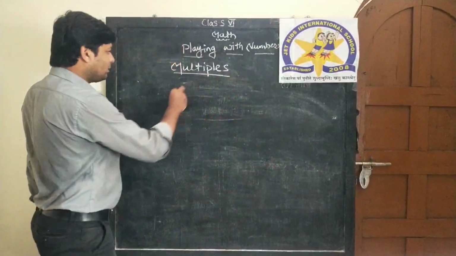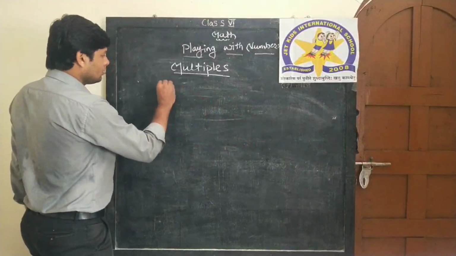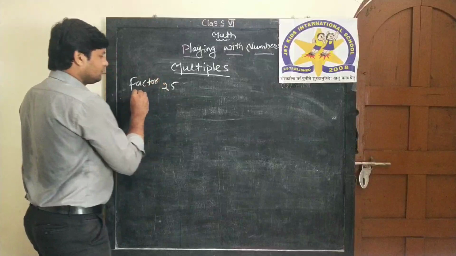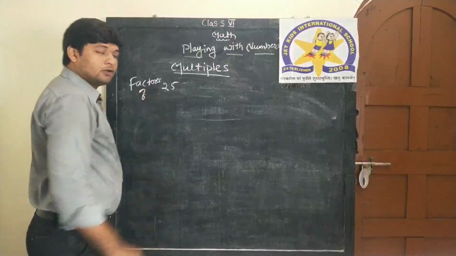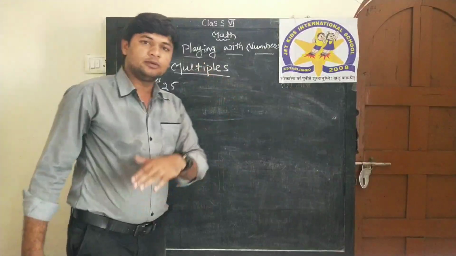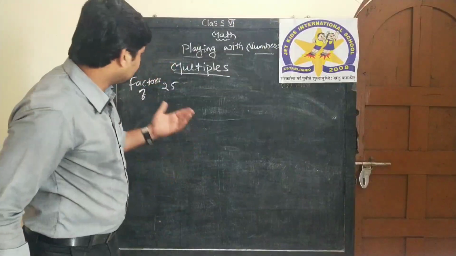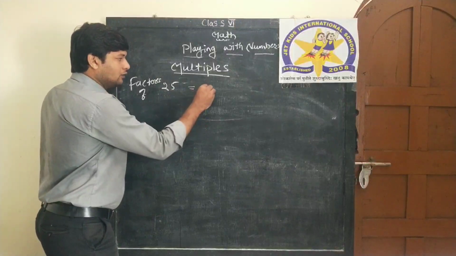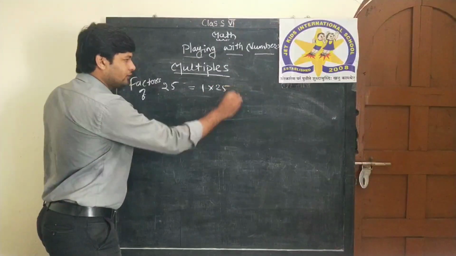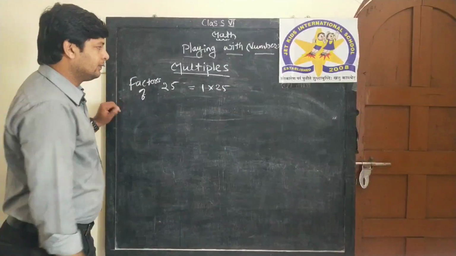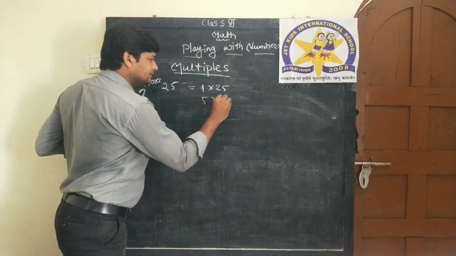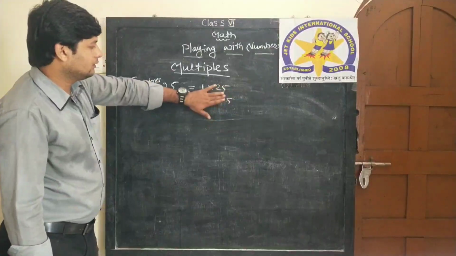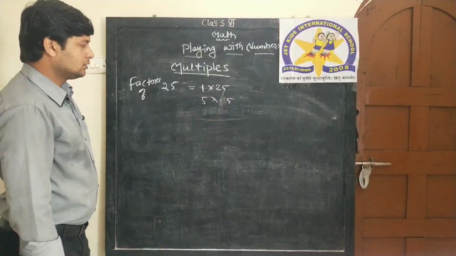For example, I am writing first the factors of 25, for the purpose of showing the difference. How will you find them? 1 multiplied by 25, then 5 multiplied by 5 gives us 25.